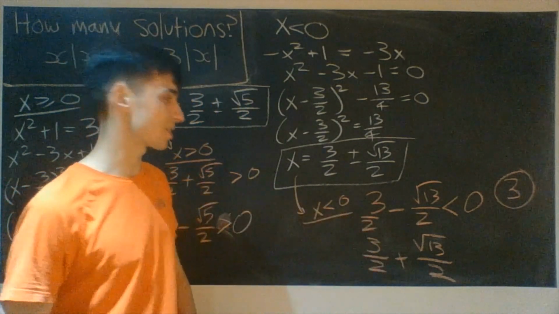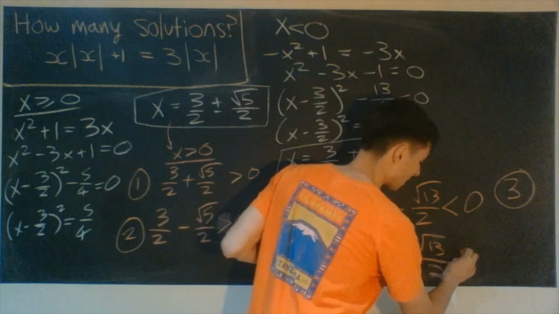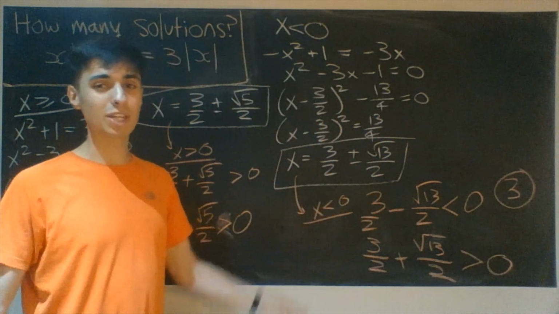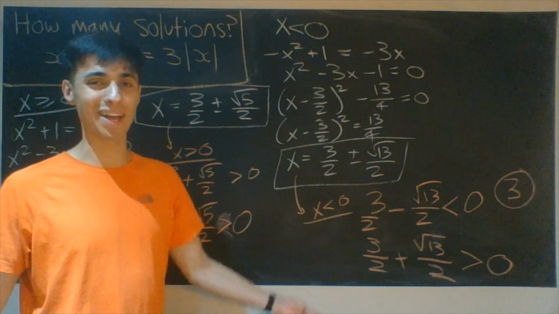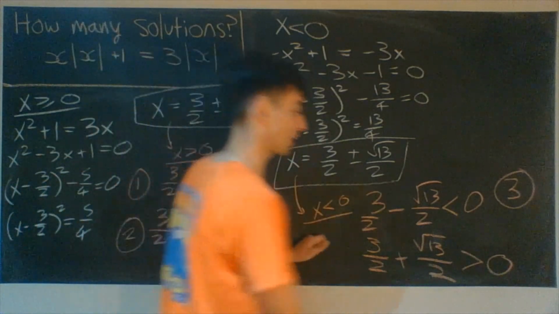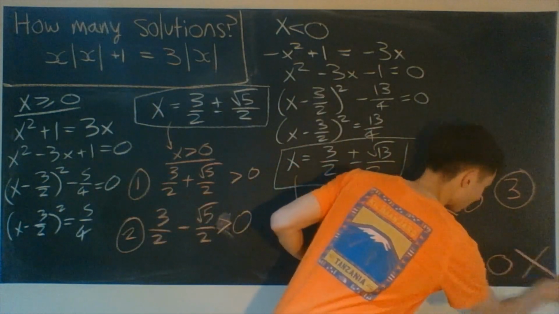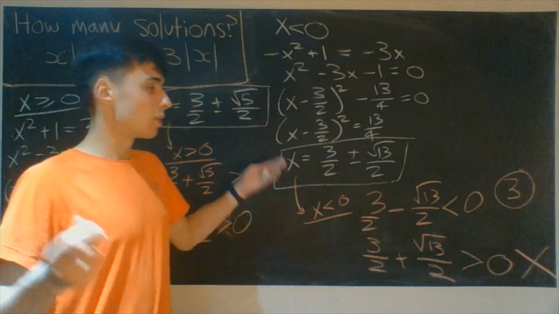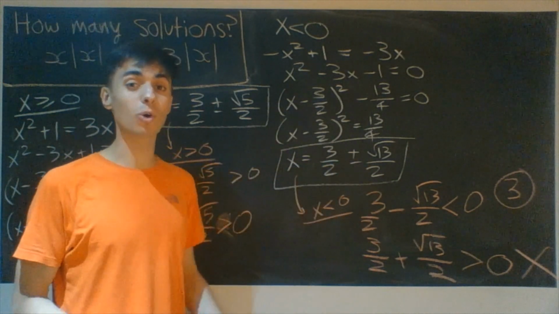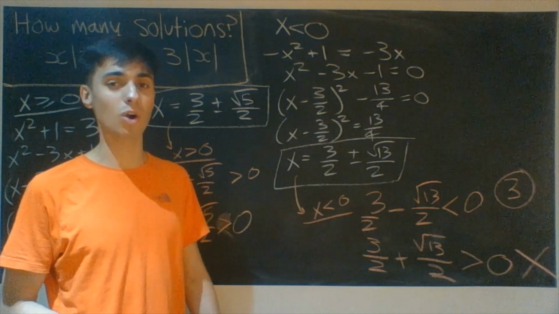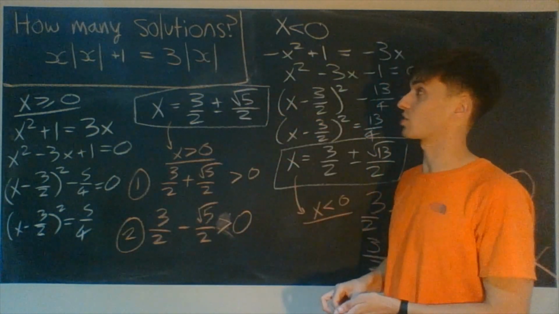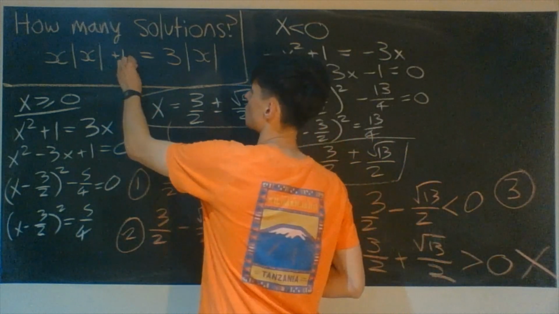Because they're both positive numbers, this is definitely bigger than 0. In fact, we didn't even need root 13 being bigger than 3 for that, did we? It's definitely bigger than 0. This solution doesn't work then. I'm going to put a big cross next to it. This solution not working means that of our original 4, only 3 of them work. So our answer to the question, how many solutions does this equation have? It should be 3.